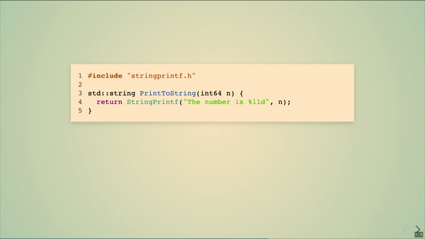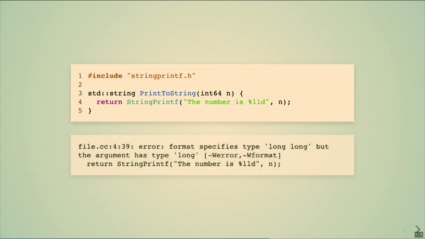Does anyone see the problem here? What's going to go wrong? Got a few people, Titus, who I think originally showed me this problem. Here's the error message we get, right? Format specifies type long, but the argument has type long. You have to pass the warning flag W format to get these, but it's the same sort of problem we're seeing over and over again, where we're changing the definition of int64.